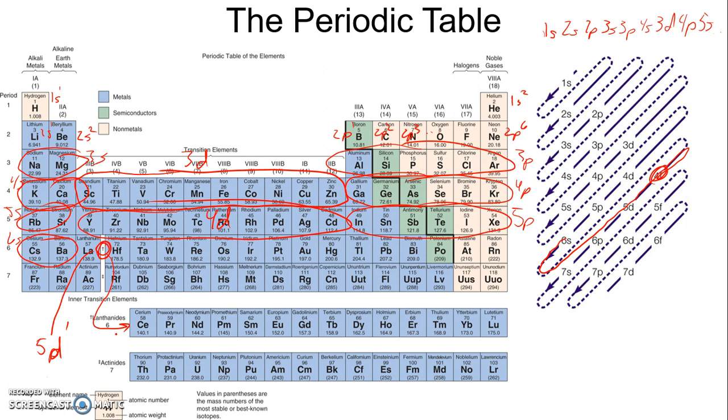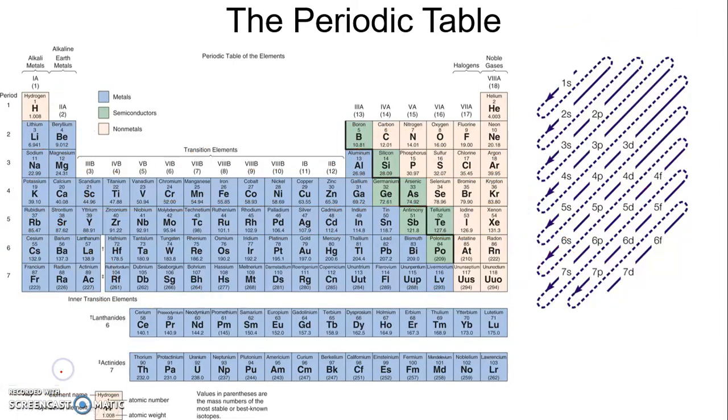This gap would be the first row that's down here. This would be your 4f orbital. And then you finish the 5d, and then the 6p, and the seventh row is similar, it would be 7s, 6d1, 5f, 6d, 7p, and so on. And that is how the periodic table is organized.